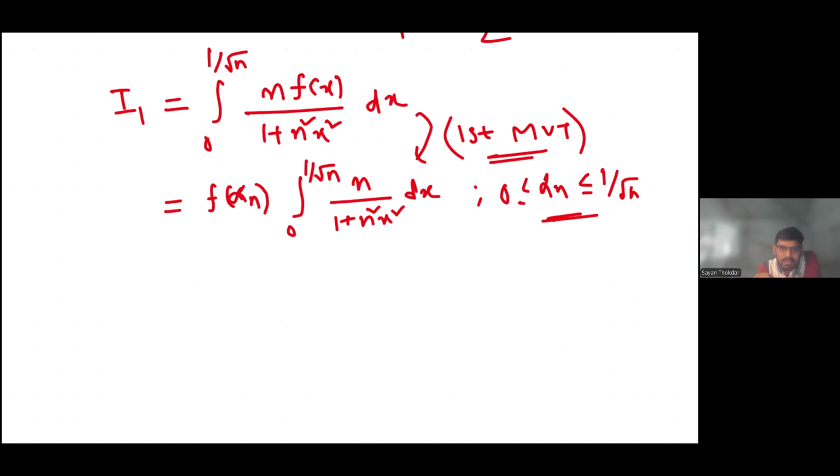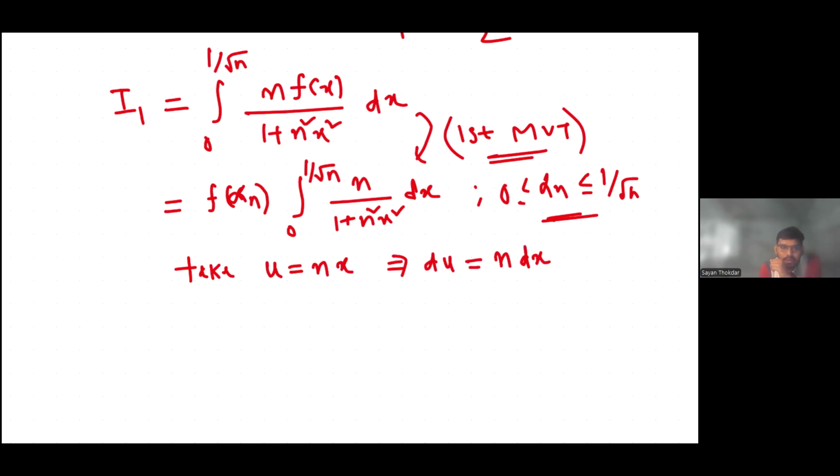Now you will use the substitution method here. How do you substitute that? Take u equal to nx. Then du equals n dx, because n is fixed in that whole calculation.